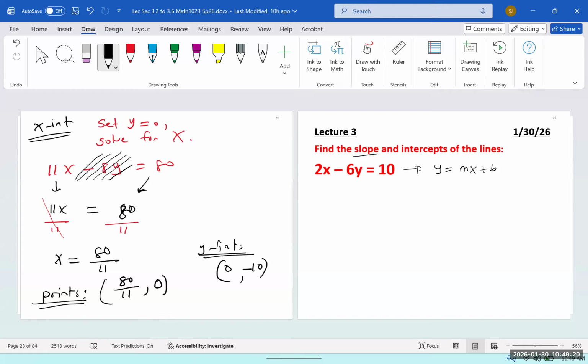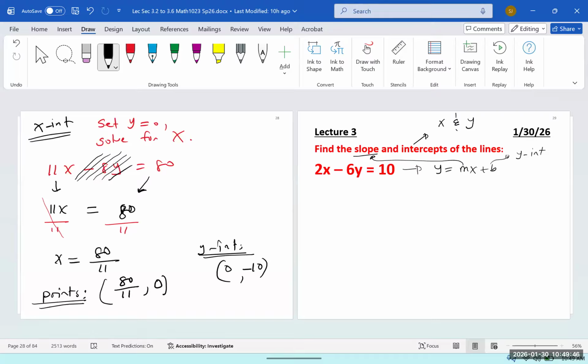We like this format because m is our slope and this b is our y-intercept. So if you convert standard form into slope intercept form, you're going to get two of these three automatically. Intercepts means you need to find both x and y-intercept.